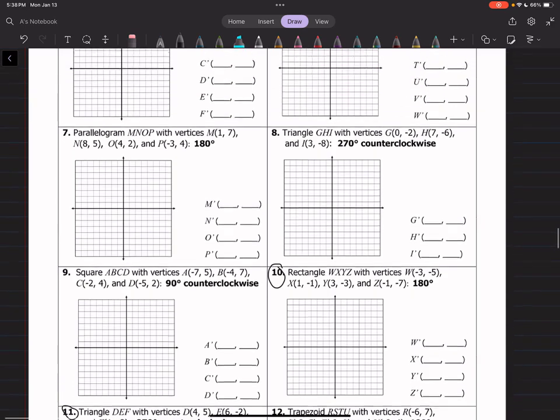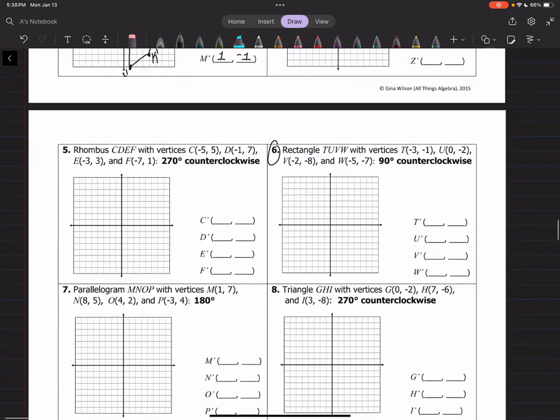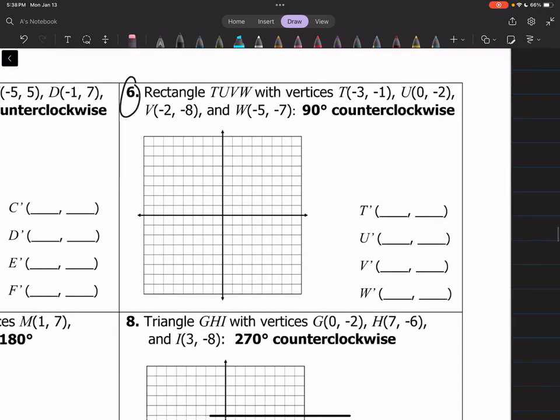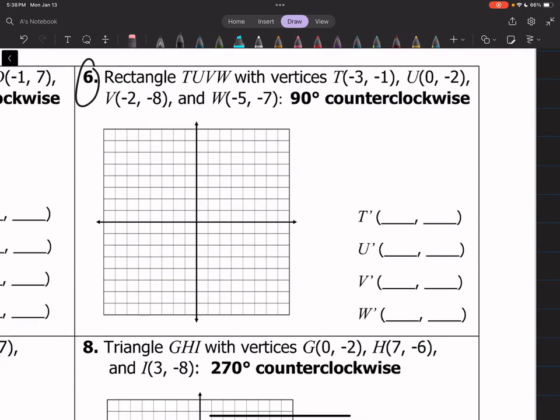But for these, starting at number 6, I'm rotating 90 degrees, so I'm negating the pre-image y value, or the new x value. Anyway, it's positive 1, negative 3, positive 2, 0, positive 8, negative 2, positive 7, negative 5.